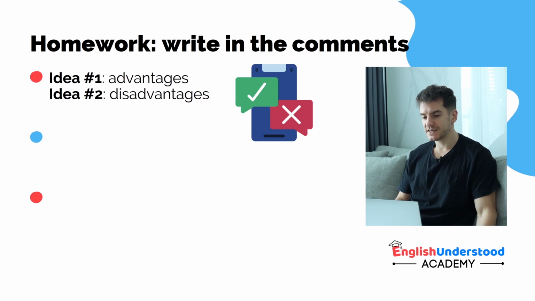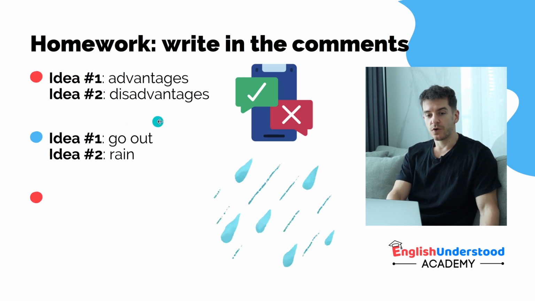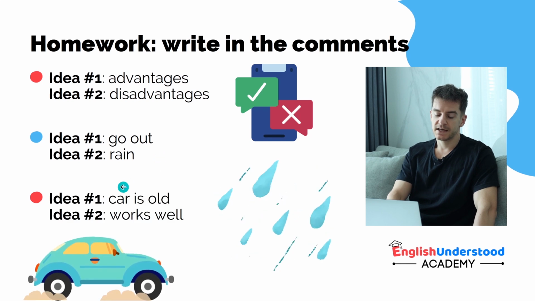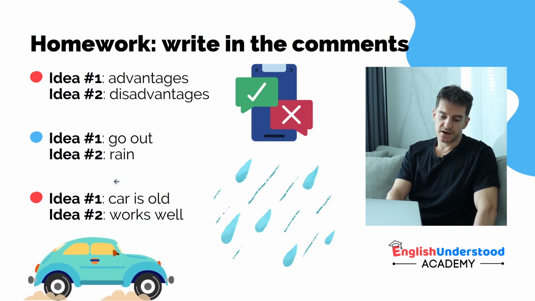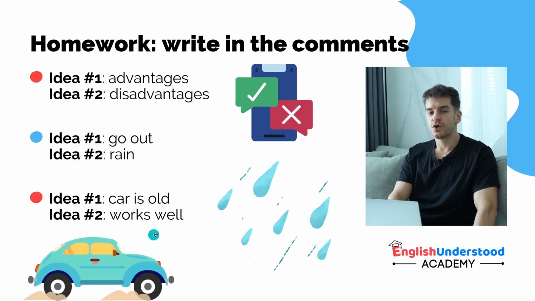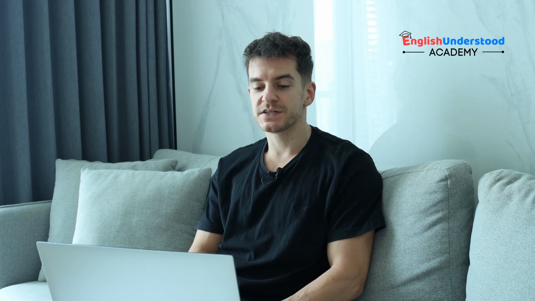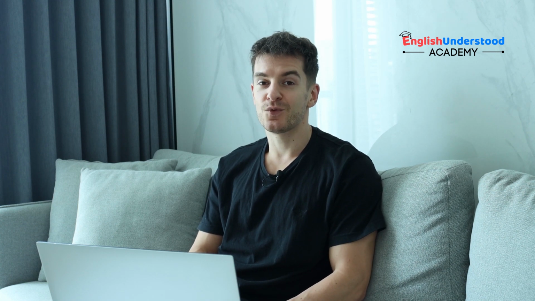Use your creativity and write a sentence. Next one, idea 1, go out. Idea 2, rain. And finally, next one is idea number 1, the car is old, and idea 2, it works well. So write some sentences in the comments below using despite, and I can't wait to see what you write.